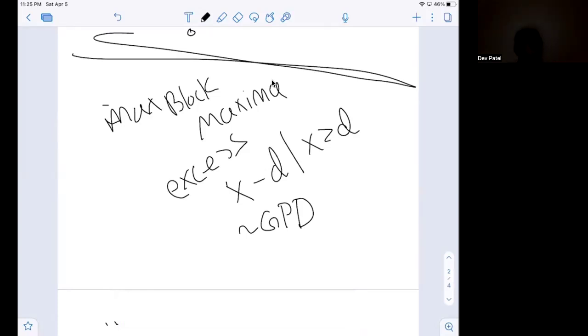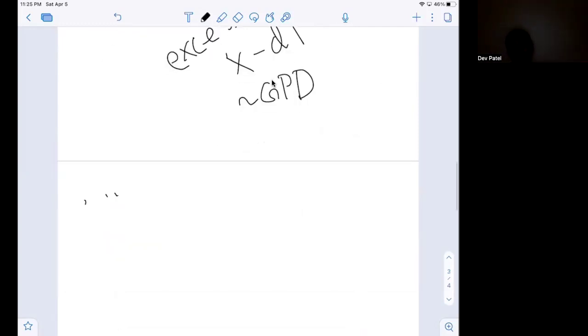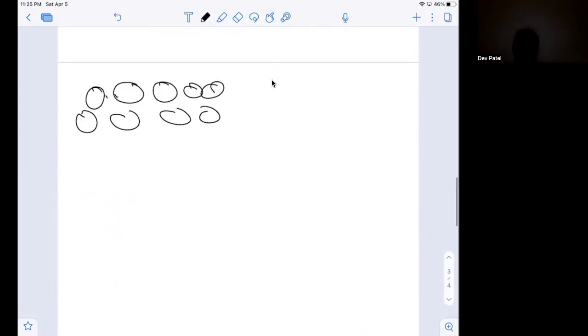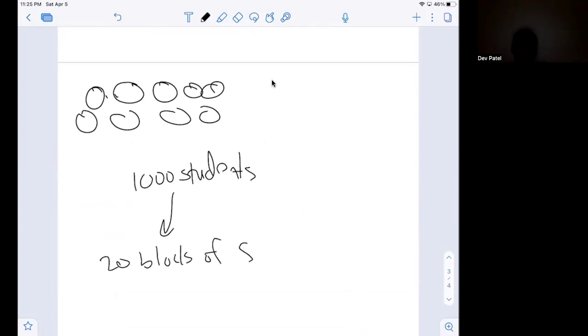And one of the things to know about, in the same way, is block maxima. Block maxima is a way of thinking: if you have these different random samples, and these random samples represent the maxima of a random sample. So for example, let's say we have 1,000 students. We divide these 1,000 students into 20 blocks of 50 students.